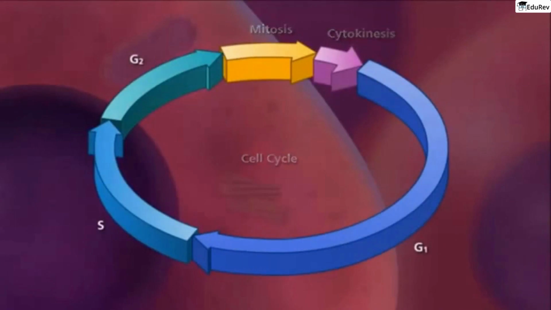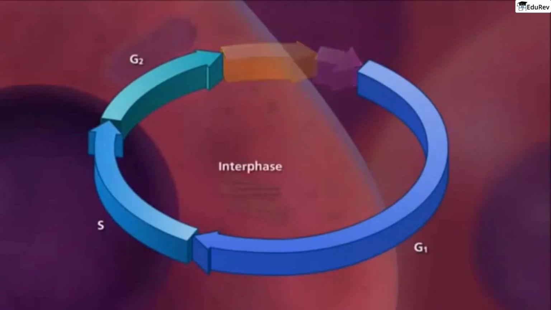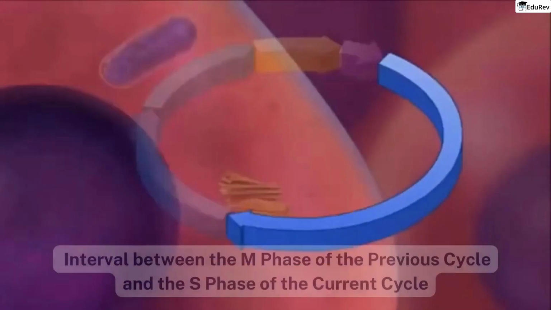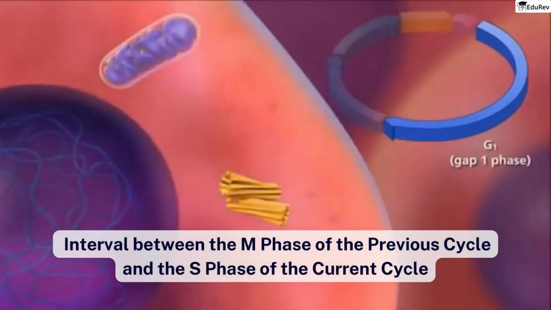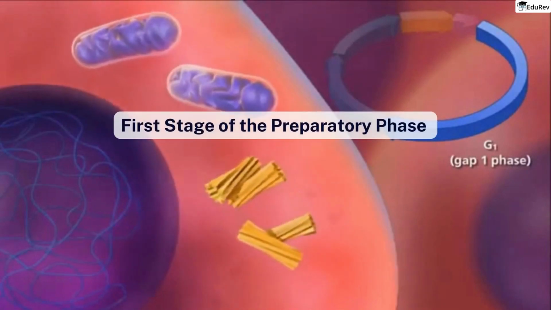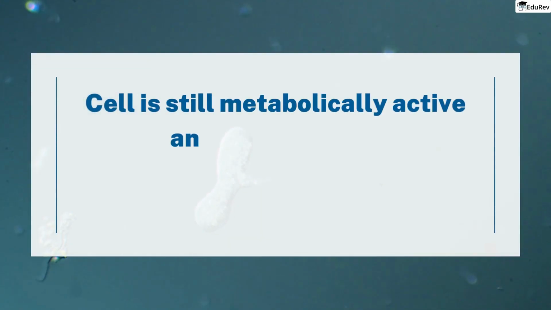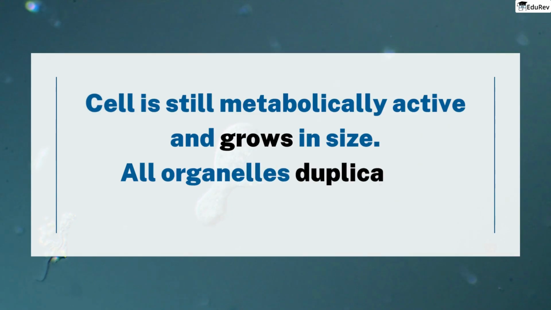As the cell enters the first stage of the interphase, it's time for the first gap phase, abbreviated as G1 phase. This phase is the interval between the M phase of the previous cycle and the S phase of the current cycle, and it's the first stage of the preparatory phase before DNA synthesis. During this phase, the cell is still metabolically active and grows in size.